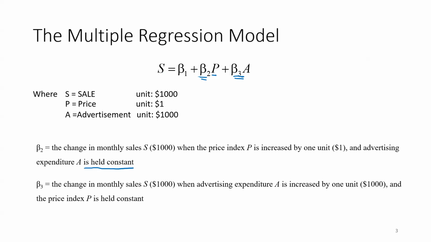This is the thing that you have to write when you face multiple regression. Again, to interpret beta 3, it means the change in monthly sales when advertising expenditure is increased by 1 unit and price is held constant.